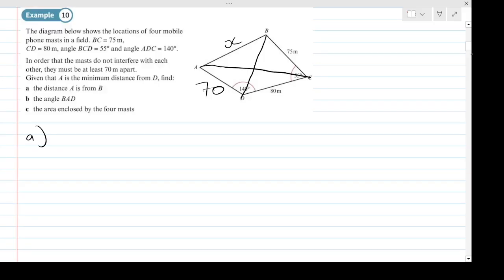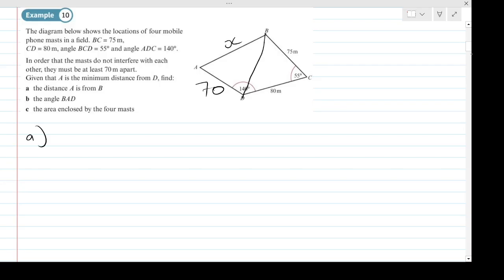I'm probably going to want to use the diagonal BD to create these two triangles, on the left and right side of it. I wouldn't want to use this diagonal AC because if I did that, actually, no, I could. It depends what your preference is.